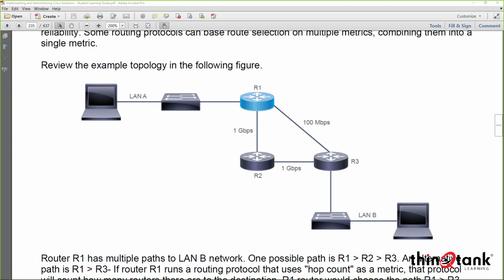BGP is an interesting protocol because BGP doesn't use metrics. BGP uses something called path attributes. But BGP is not a protocol that you run inside your network. It's not an interior routing protocol. It's an exterior routing protocol. It's what we use to route across the internet. So it is a completely different monster, if you will. It doesn't operate like your traditional routing protocols.